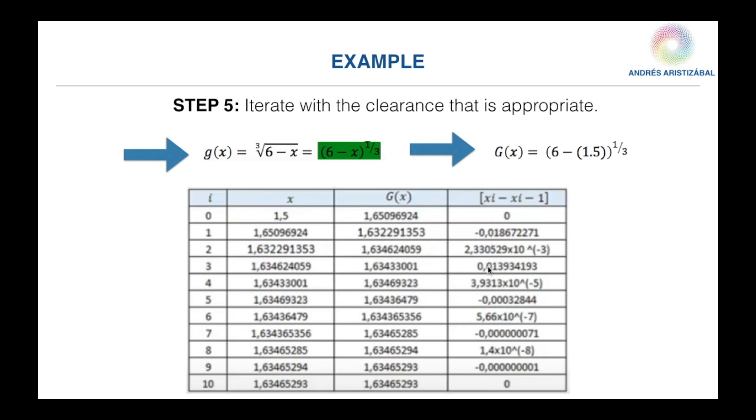Okay, so successively we obtain the following values, and when our sequence reaches the value of 0, its corresponding value of x, this one, 1.6346, will be our fixed point.